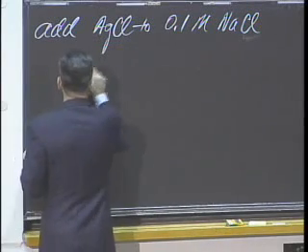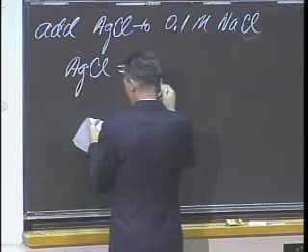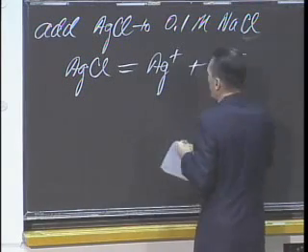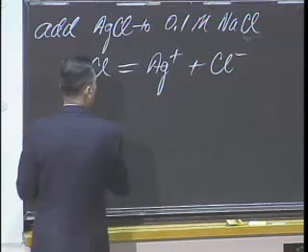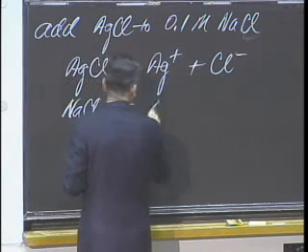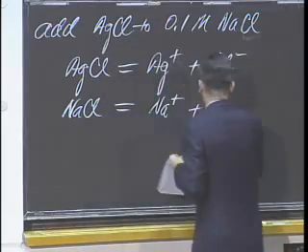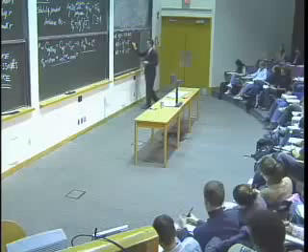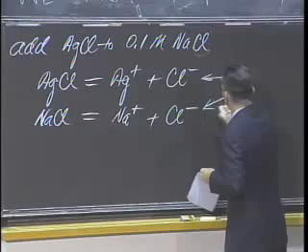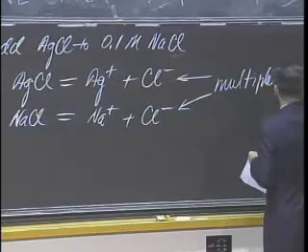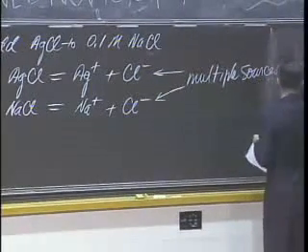So again, we'll look at Arrhenius' theory of electrolytic dissociation. So silver chloride will dissociate and go into solution as silver cation and chloride anion. And sodium chloride is present as sodium ion and chloride ion. So we've got now, note here, multiple sources of chloride ion.